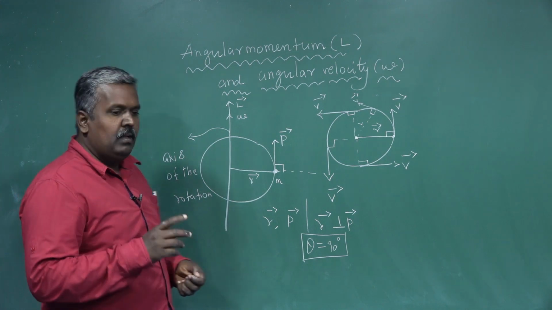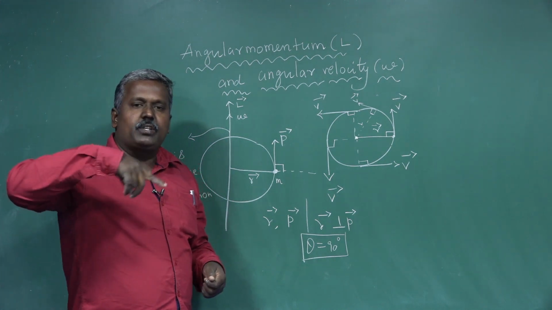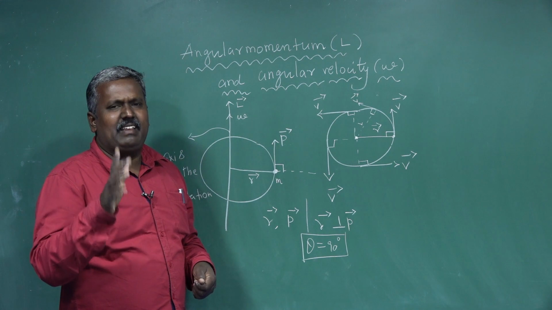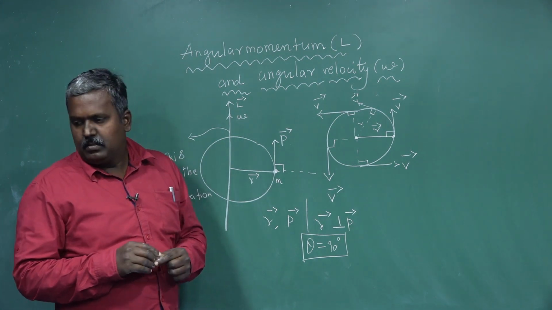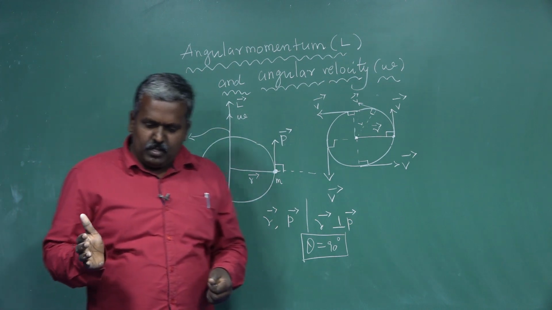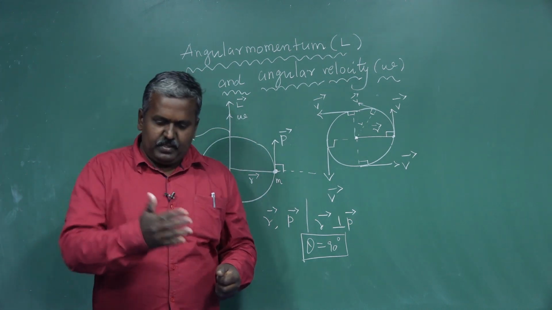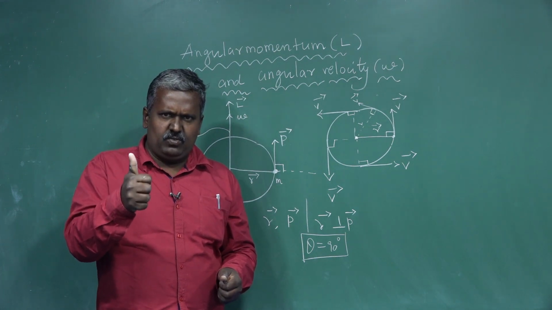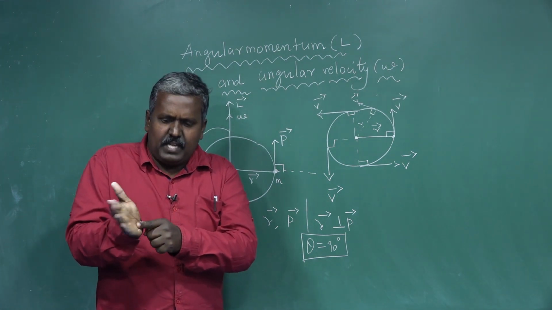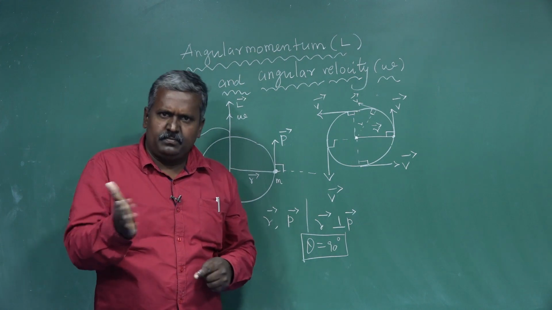Then, when a body rotates in circular motion, how will you find out the direction of the angular velocity? Suppose the body is rotating like this. With the help of this rule, that means the right hand rule, these fingers give the direction of the motion.